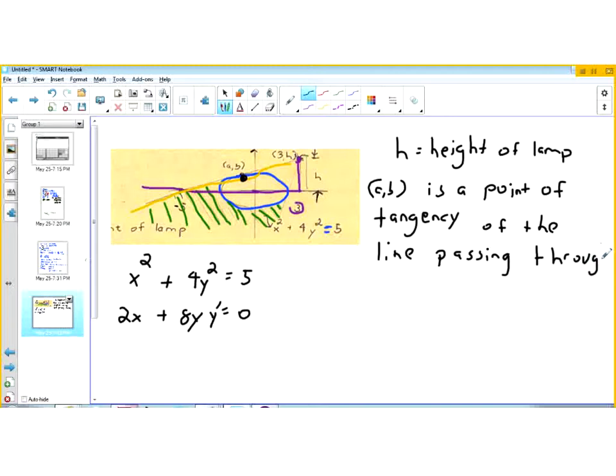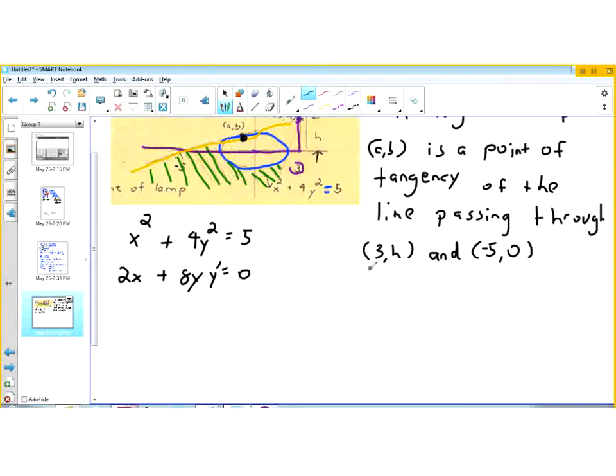So we have 2 points, right? Passing through (3, h), which is the coordinates of the height of the lamp, and (-5, 0). Okay, so AB is the point of tangency on the ellipse of the line connecting these 2 points.